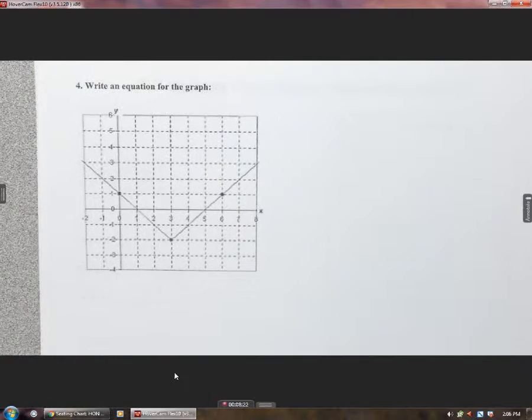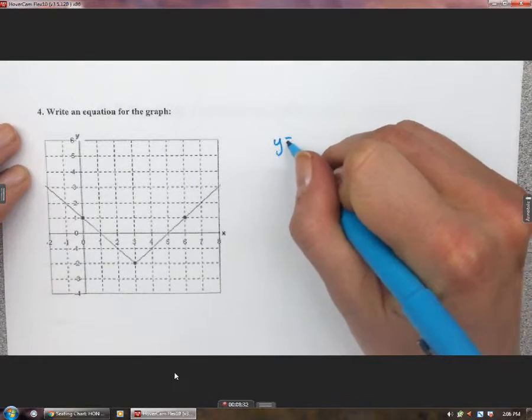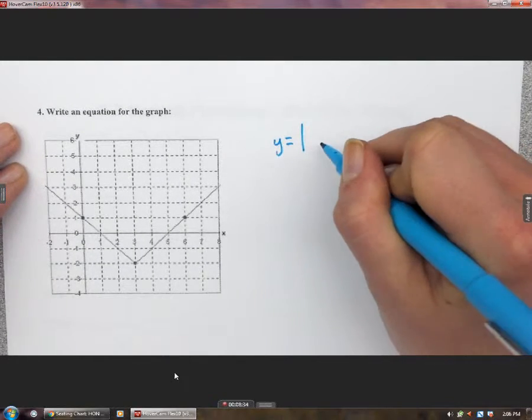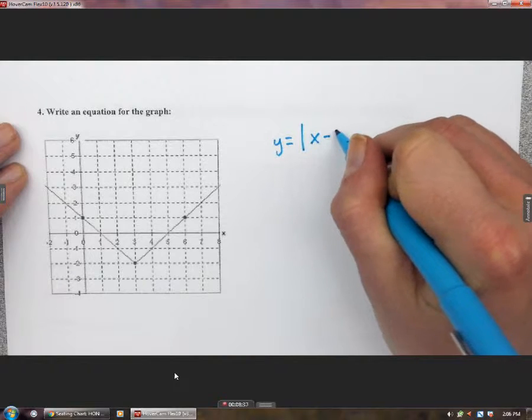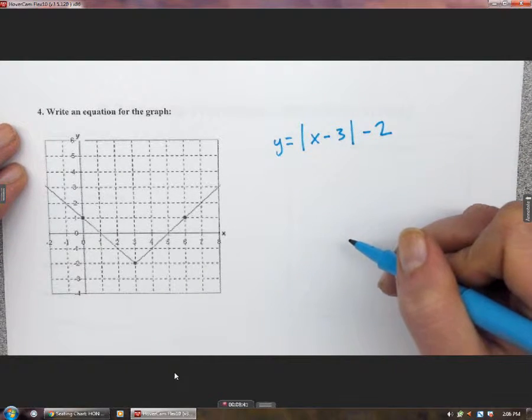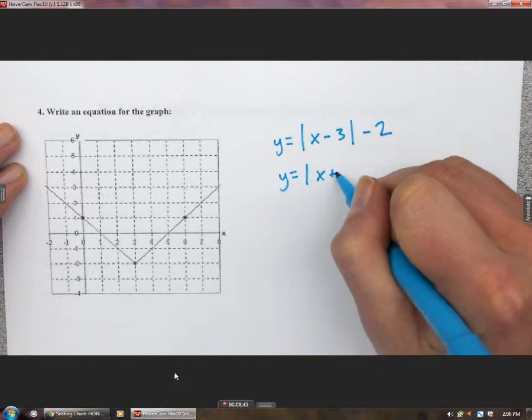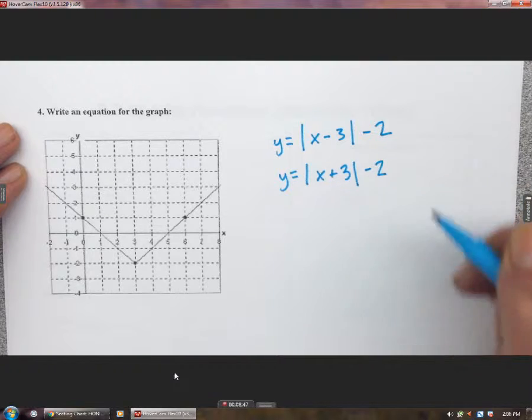On the test, it's going to show you a picture, and it's multiple choice. You have to pick which one is the right equation. So it might say something like y equals the absolute value of x minus 3 minus 2. It might say x plus 3 minus 2.